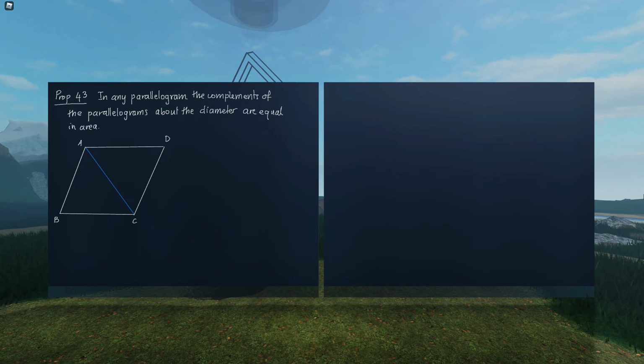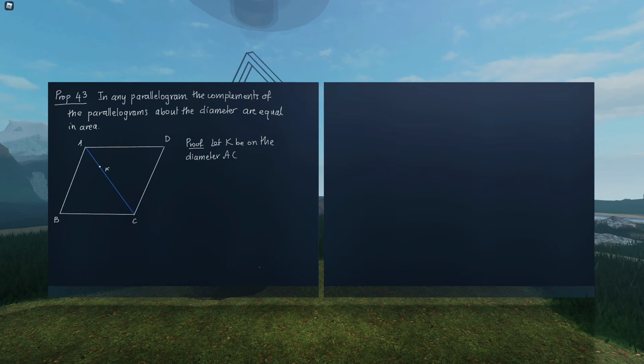So that's the parallelogram referred to the first time in the statement, ABCD. The complements of the parallelograms about the diameter. What this is referring to is I could take this diameter, AC, and pick a point on it, say let K be on the diameter AC, say here.